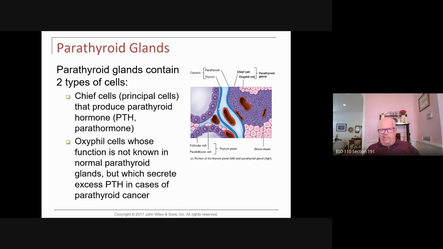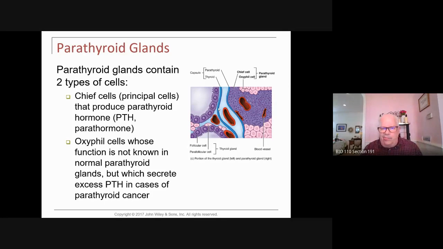There are 2 types of cells in the parathyroid gland. The principal cells, or the chief cells, are the ones that produce PTH, otherwise known as parathyroid hormone or parathormone.